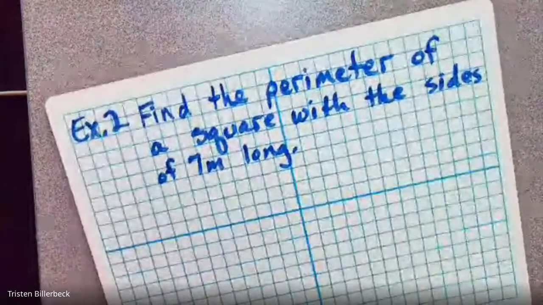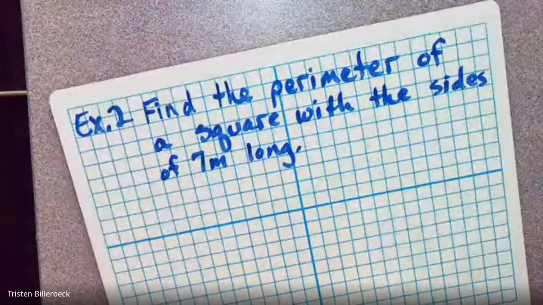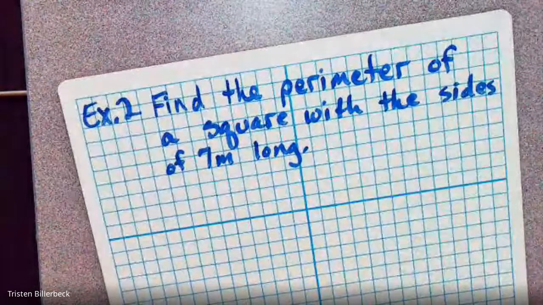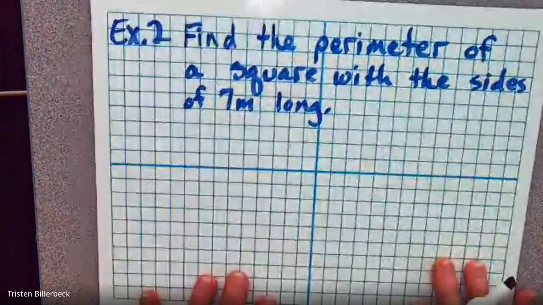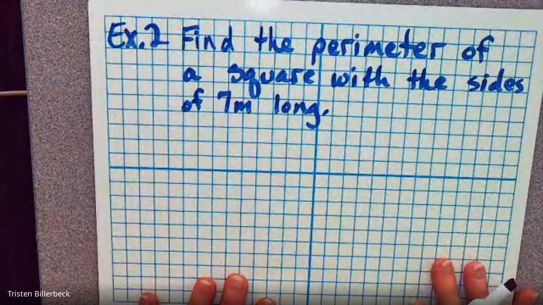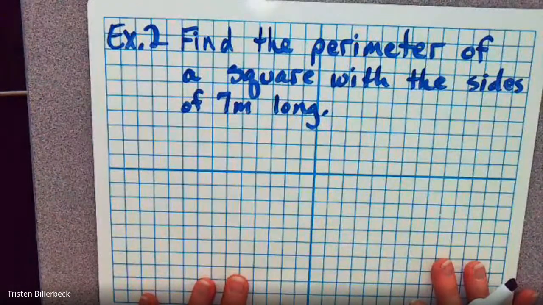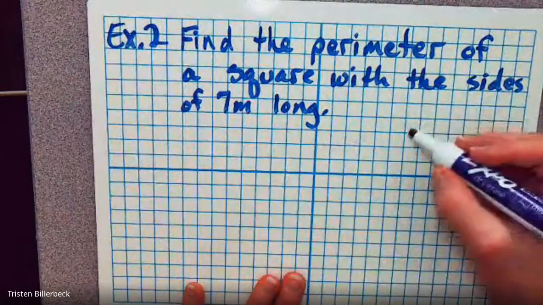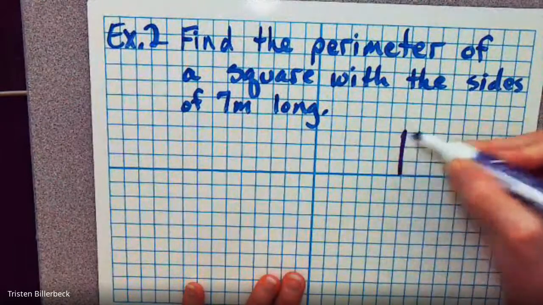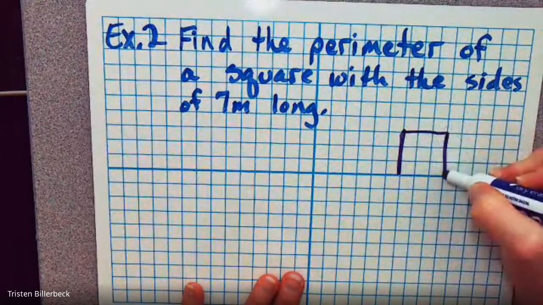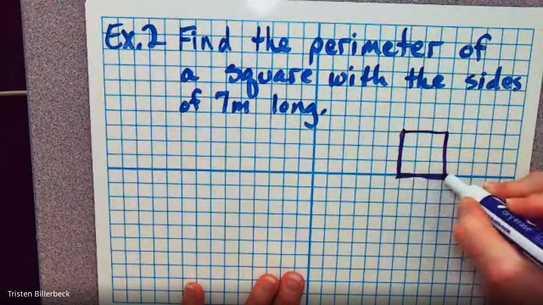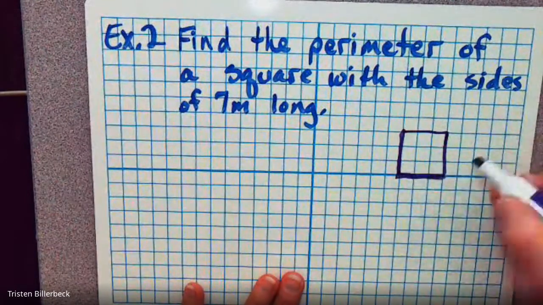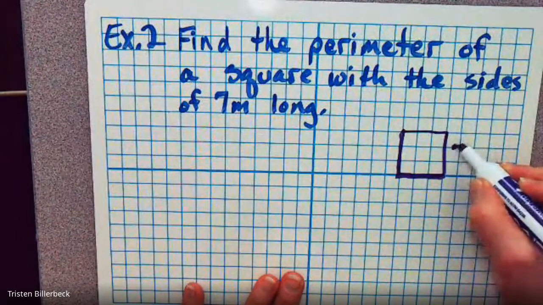All right, let's look at what a perimeter might be for a regular figure. So if we want to find the perimeter of a square with sides of 7 meters long, we could draw a quick little square, because remember, a picture is worth more than 1,000 words.